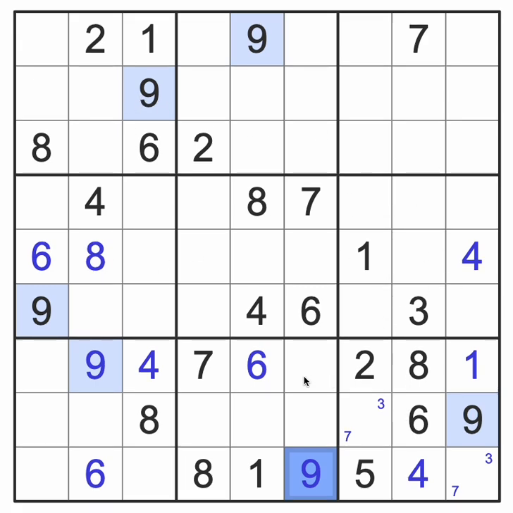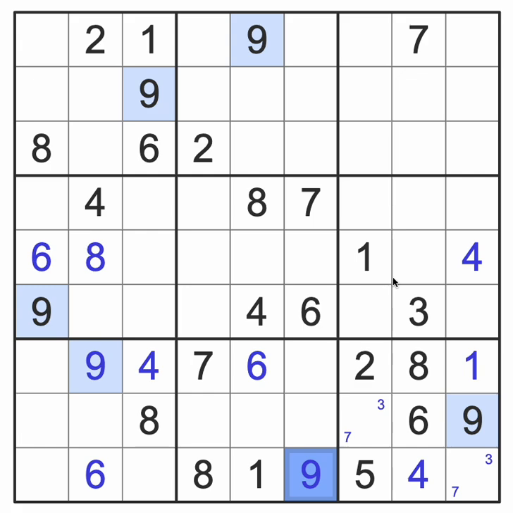Okay, in that case, let's look at box 6, because here's 7 and 8, so these cells cannot use 7 or 8, and here's 7 and here's 8, so this cannot use 7 or 8.